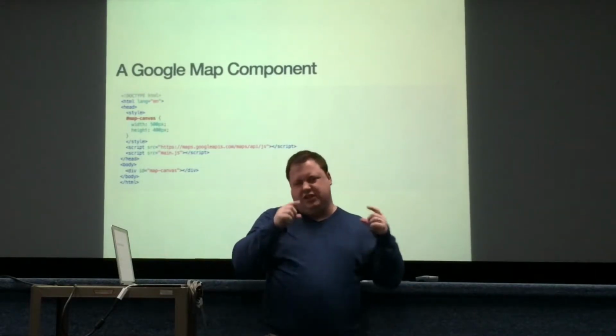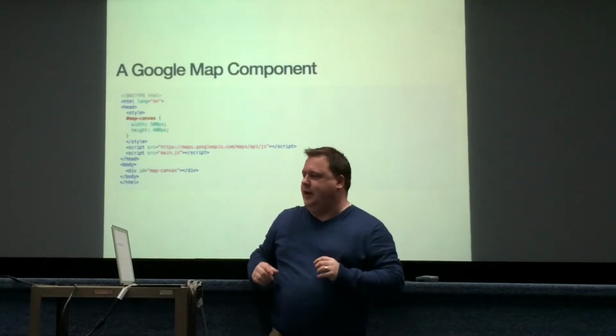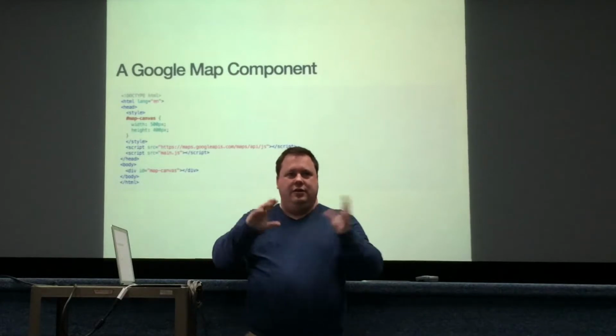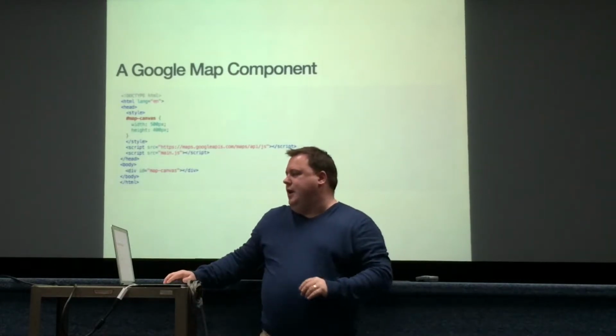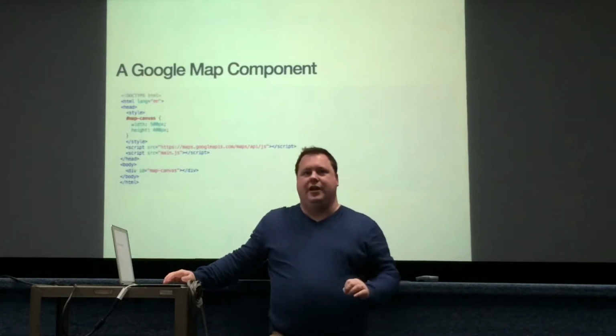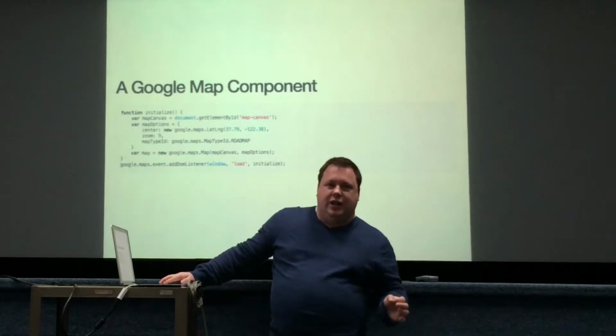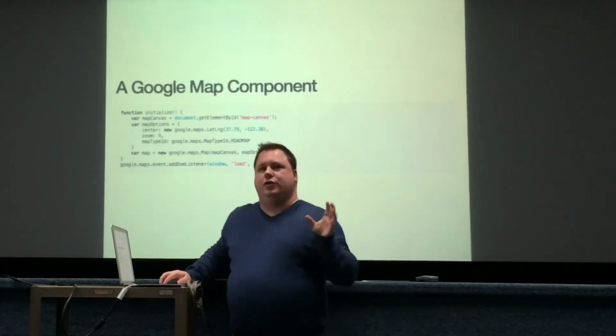You can't see this, I'm sure, it's too small, but basically on the page, you have to have a little place for it, so you give it an ID. There's got to be a div that's going to hold this map. Then you style the map, make sure that it's got the right layout. And then you include the Google APIs, specifically the map one. Then you have to have a little bit of JavaScript that runs. You have to define a callback.